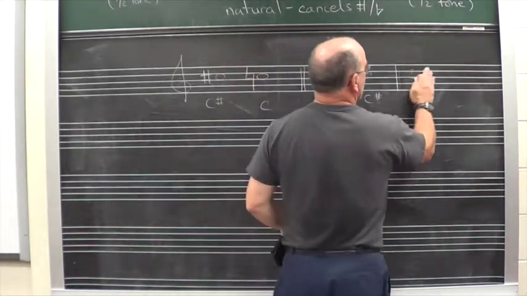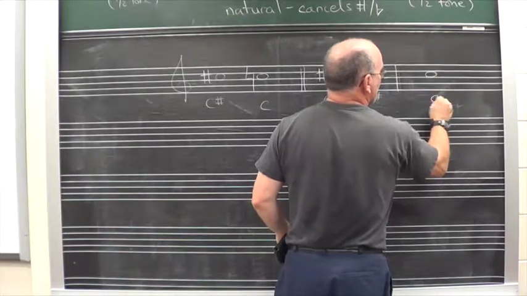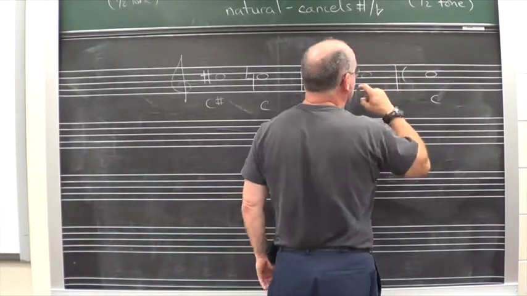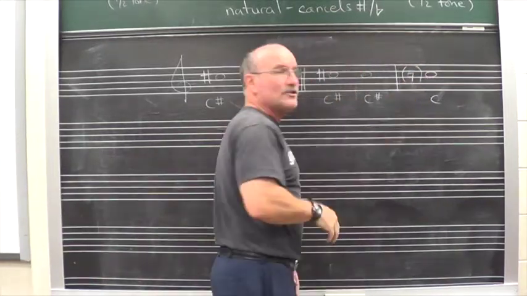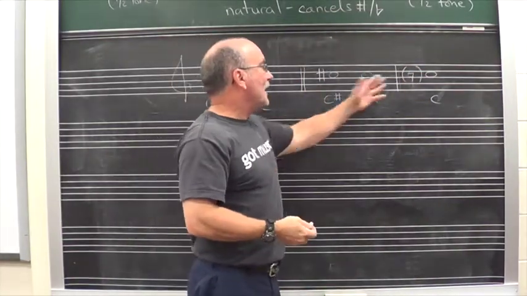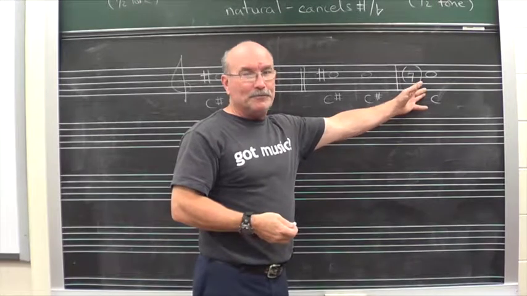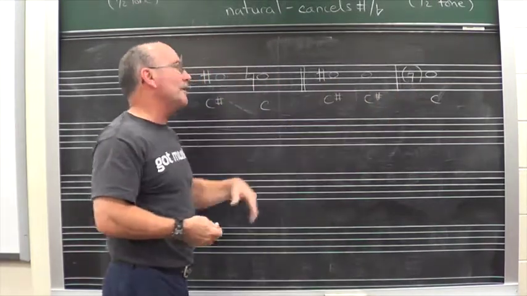Now, normally, if I'm writing music for my students, most educational institutions will do this. They'll actually put the natural sign in brackets to remind you that it has changed back to natural. Okay? That's not uncommon writing in music.